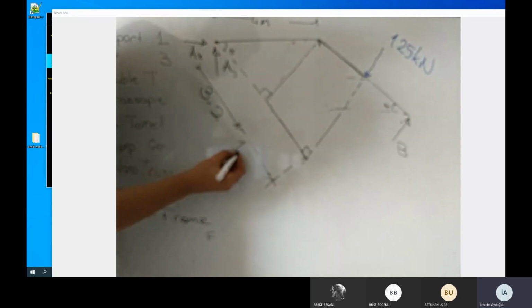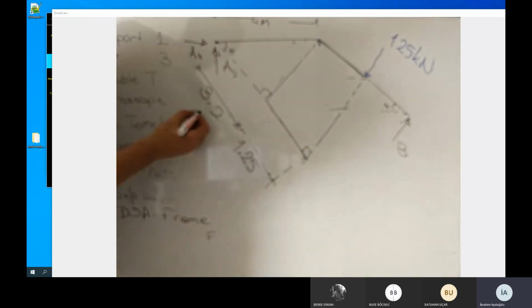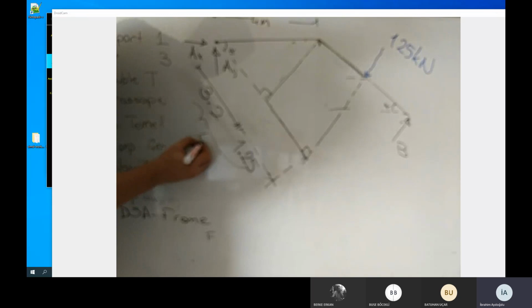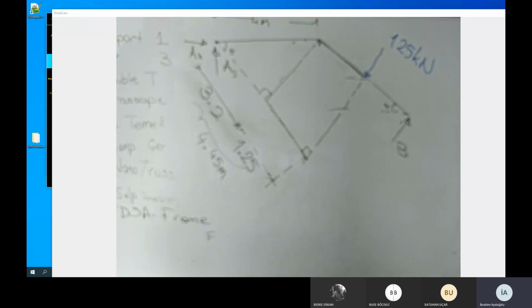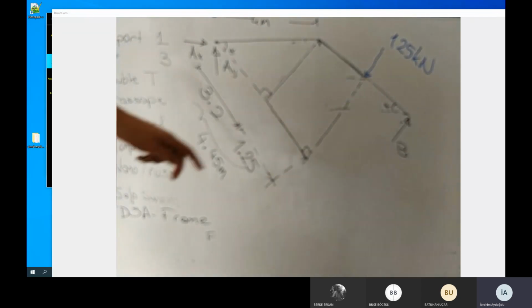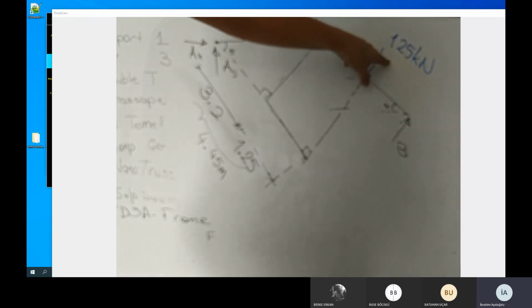Therefore, this length should be 1.25. So the total distance is equal to 4.45 meters. So I found the perpendicular distance from the 125 force.